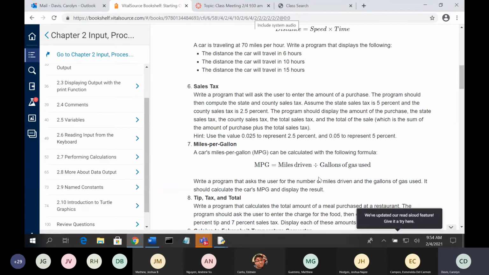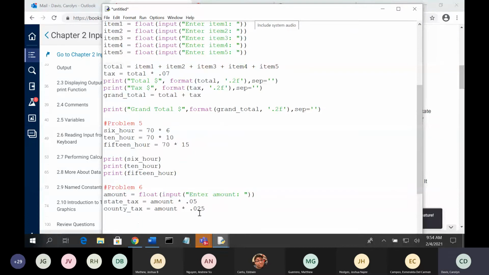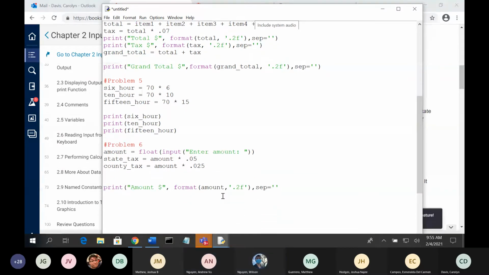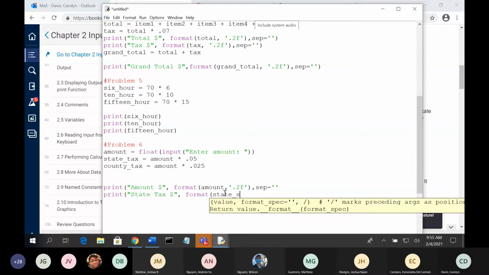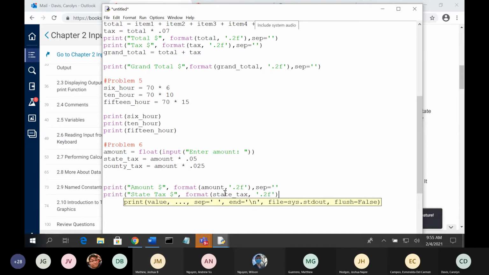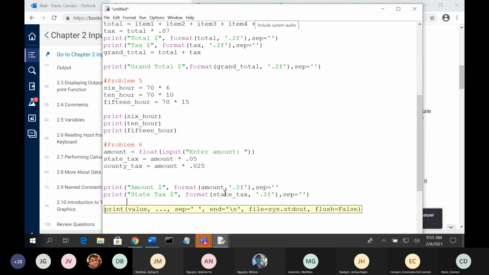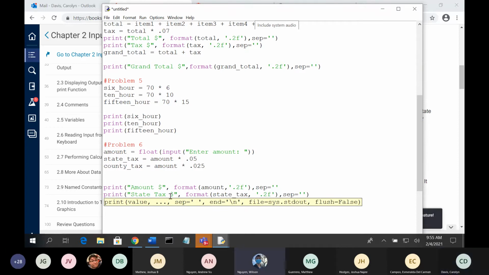Display all the taxes, the total of everything. There's quotes.